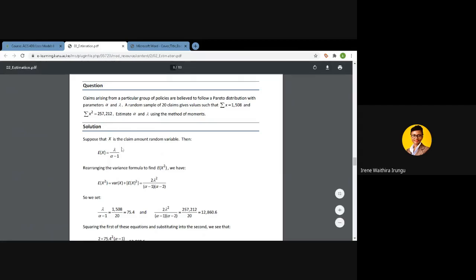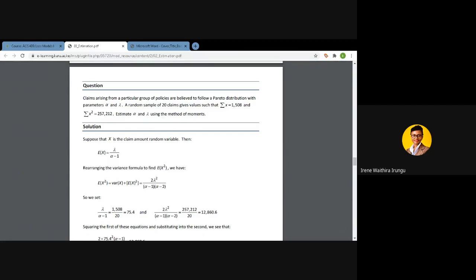You can still apply the maximum likelihood estimation method, but when you are given 2 sample moments, which is often the case when you have 2 parameters, the easiest method to go for is the method of moments.